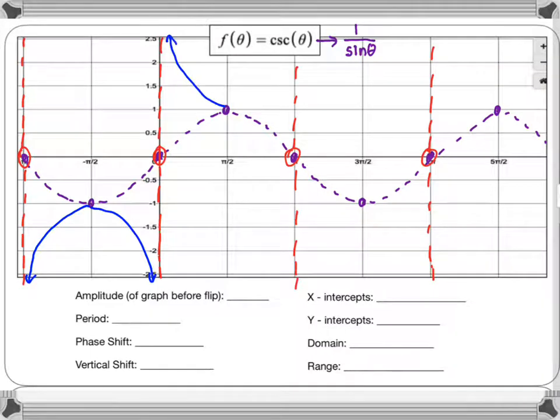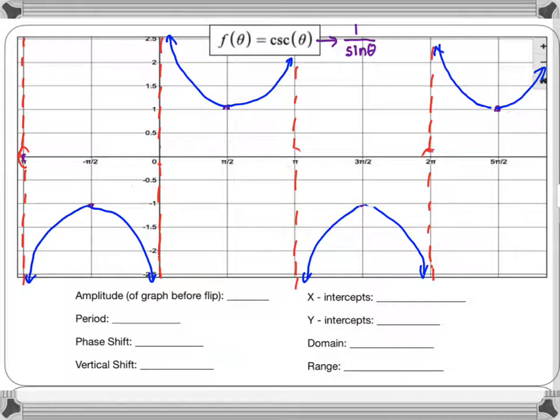So it's going to look like some horseshoes, if you will, or some people call them teeth. I don't know anybody who has teeth like this, though. And that is going to be the graph of cosecant in just its parent position. So I'm going to erase everything that we don't need, which is the old part of the sine graph. And there we have it.